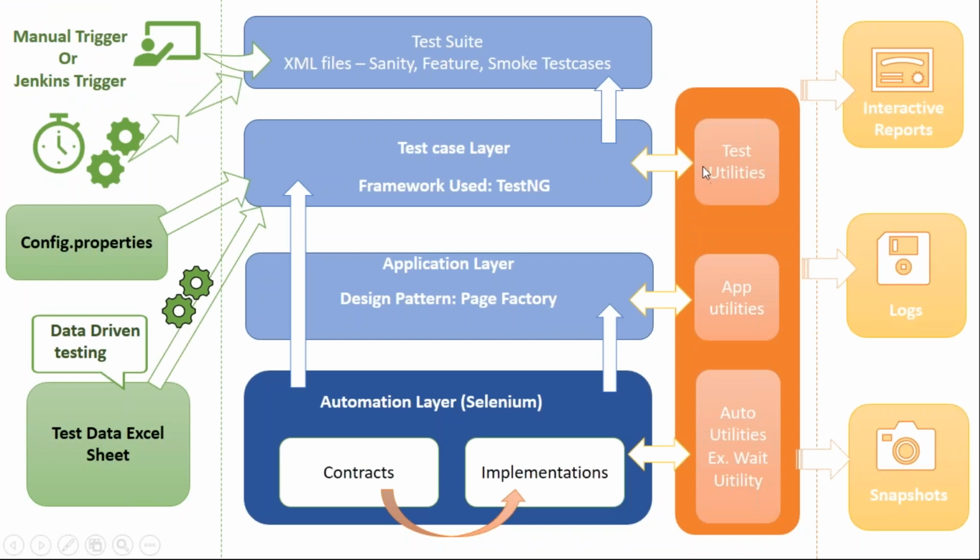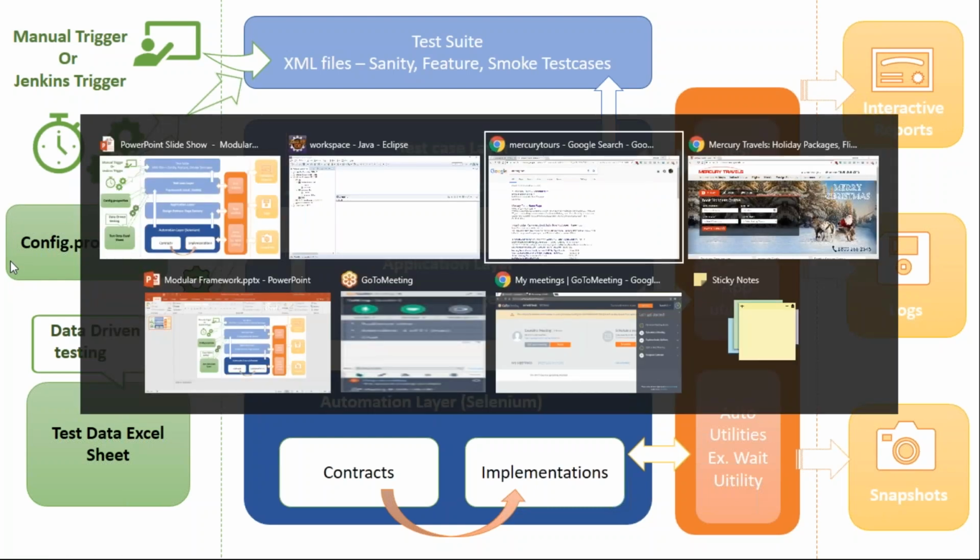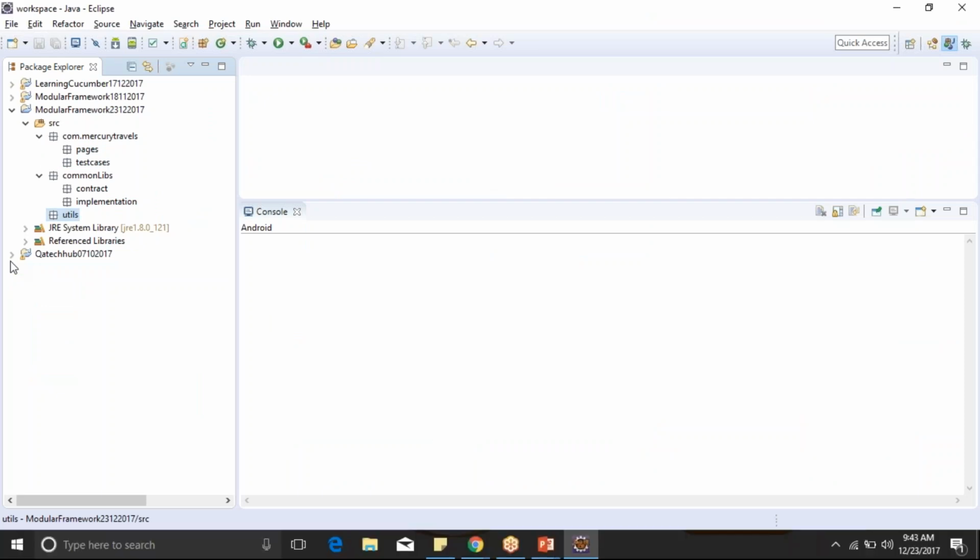Then next is this automation layer. Next we have the input section, so let's create some folders for this input. First of all, we'll have one config.properties file, so I'll create a new folder for it and call it config.